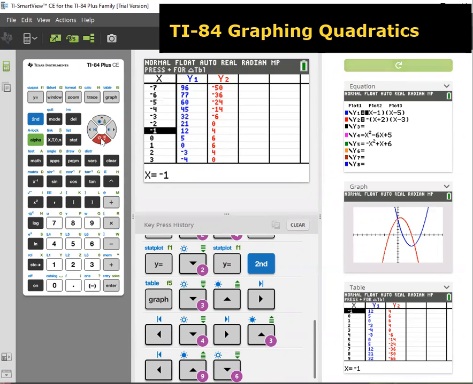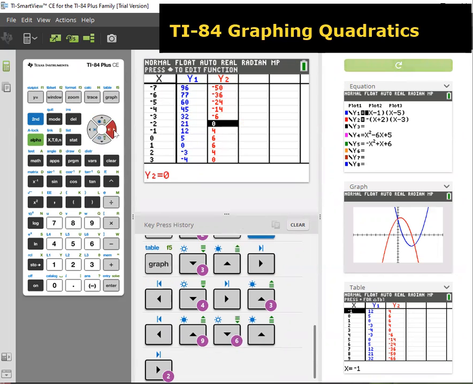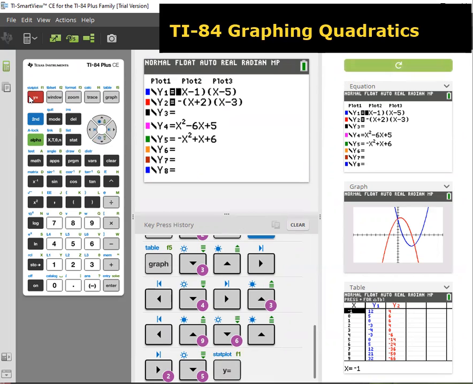If we go all the way back to negative 2, we see in the second column for the red graph, there's a 0. And then if we scroll forward to 3, we can see that there's another 0 there because of the factors. So that's using the table.